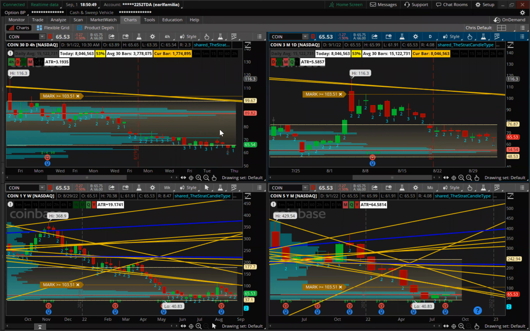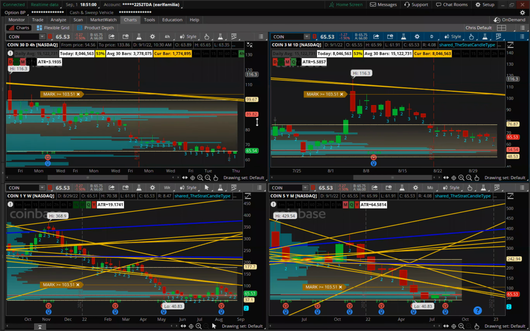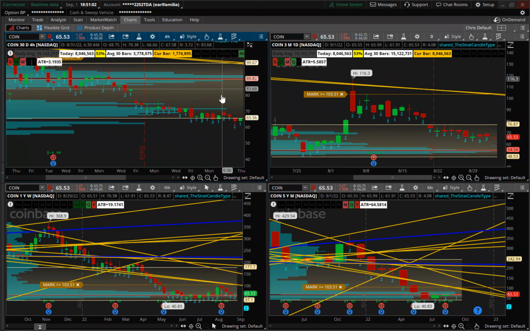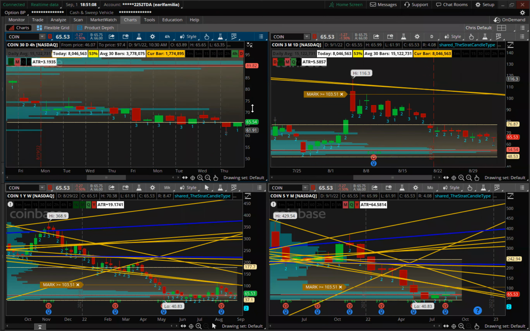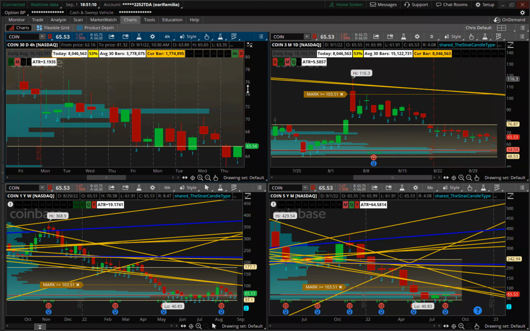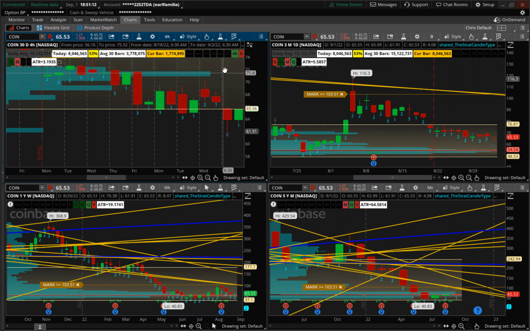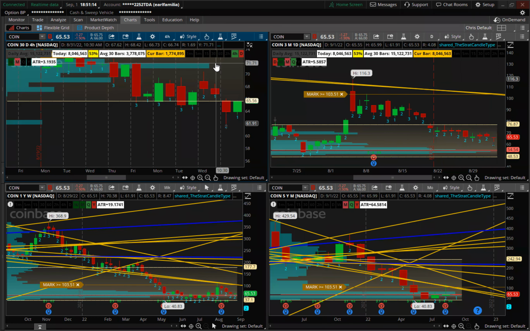I probably should have given more explanation, but the 4 hour setup looks fire. However, the overall trend of the stock is down, right? So the trend is down, but it gave us a very fire setup in that 4 hour time frame.